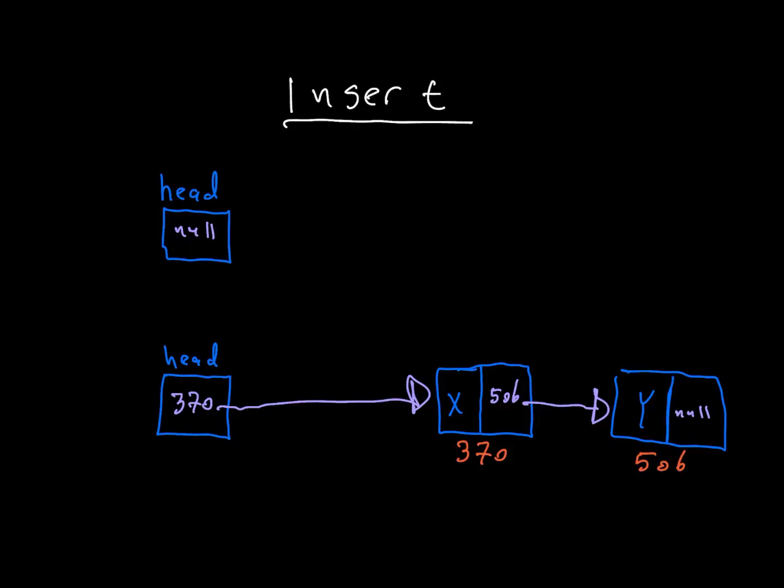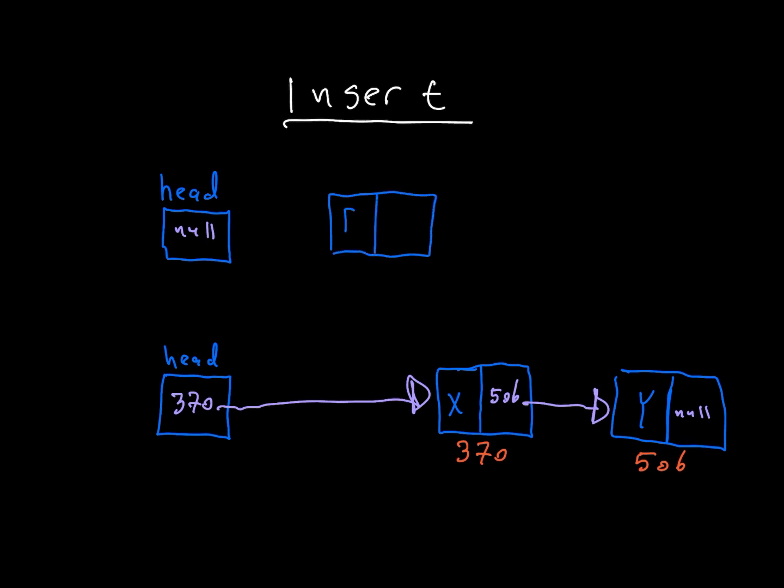For inserting, you essentially have three scenarios, right? The first one is when you have either an empty linked list or you're trying to insert at the head of a linked list. If you are trying to insert in an empty linked list, all you would need to do is create your node, right?